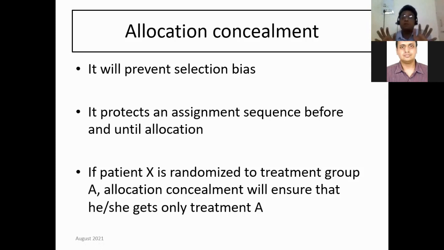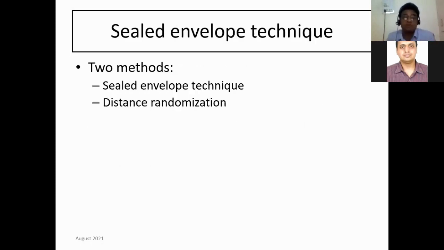If a patient number 3 has come and by my randomization list, the 3 was supposed to receive drug B, so the 3 should definitely receive drug B, and I should not be interfering by saying, please go, come tomorrow, and by that time I take another patient. So this allocation concealment is preventing this kind of bias from the researcher, right?